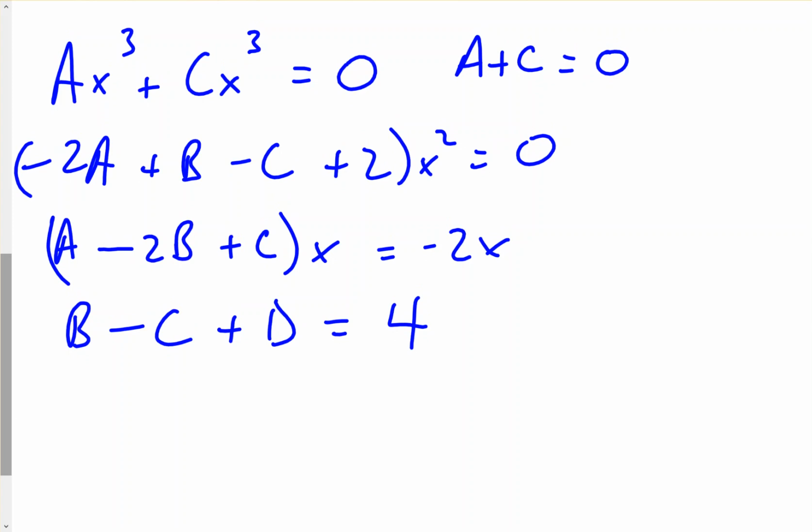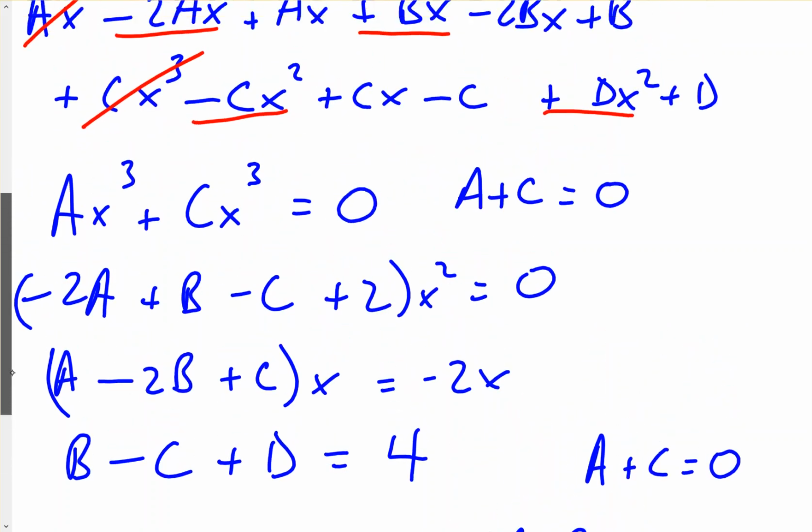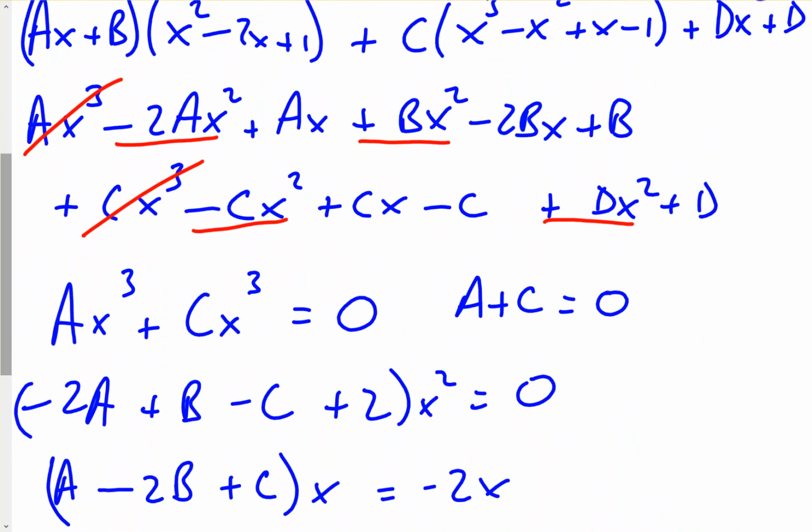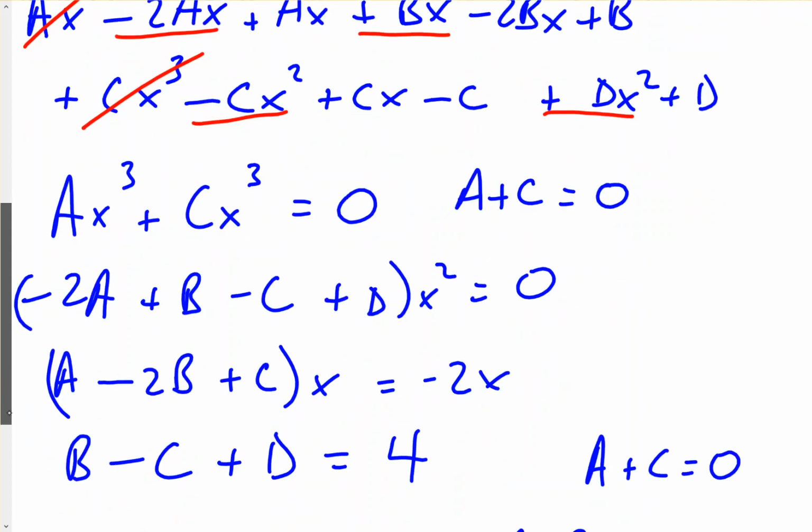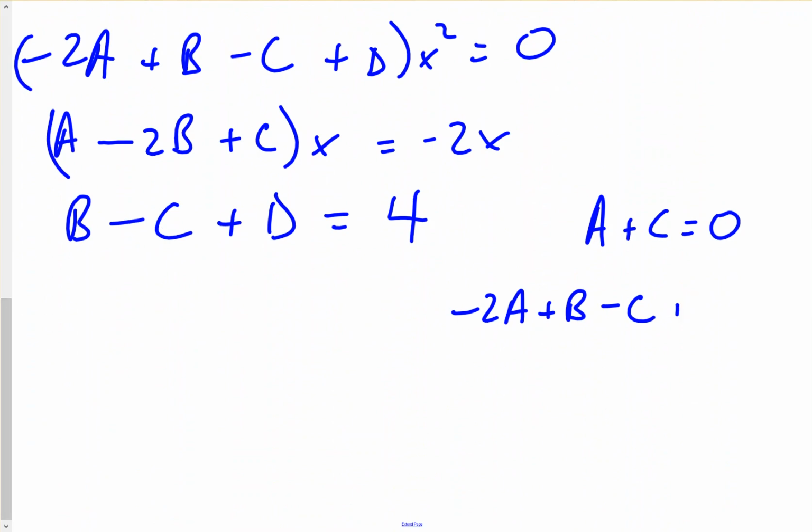Alright, so let's summarize this over here. We know that a plus c has to equal 0. We know that negative 2a plus b minus c plus d, I should have put a d there, for x squared, equals 0.